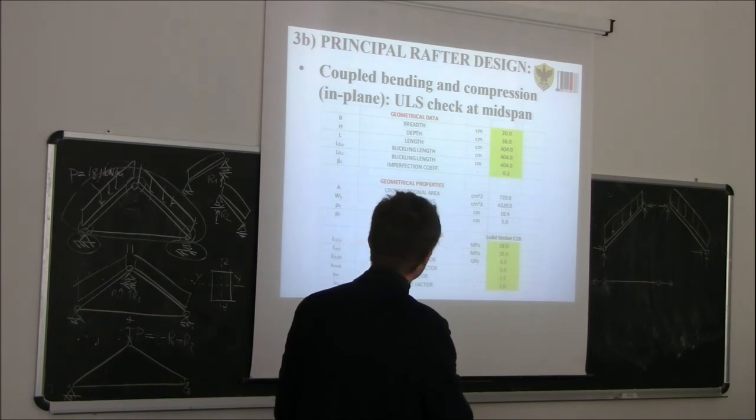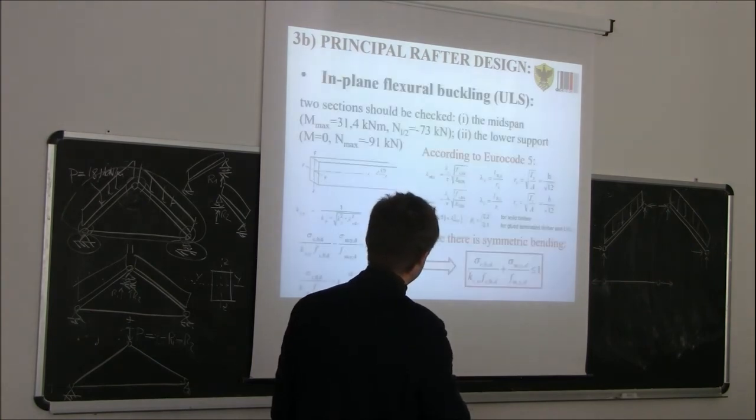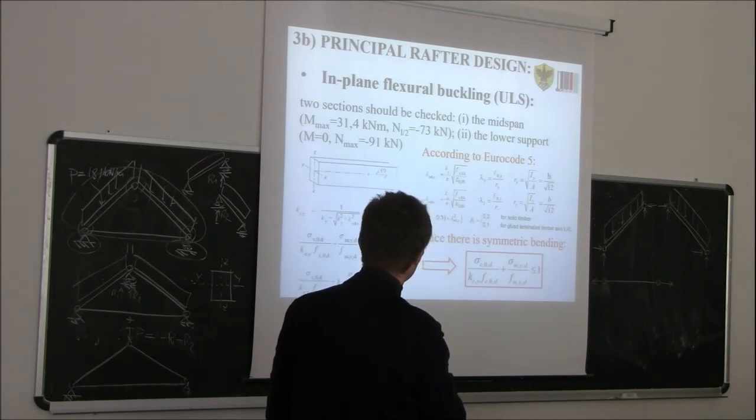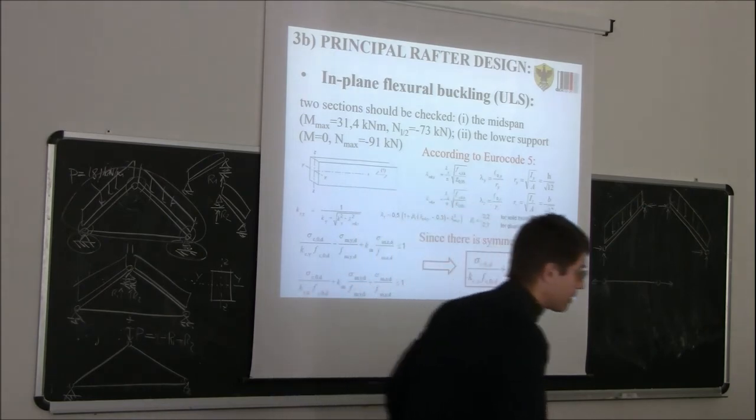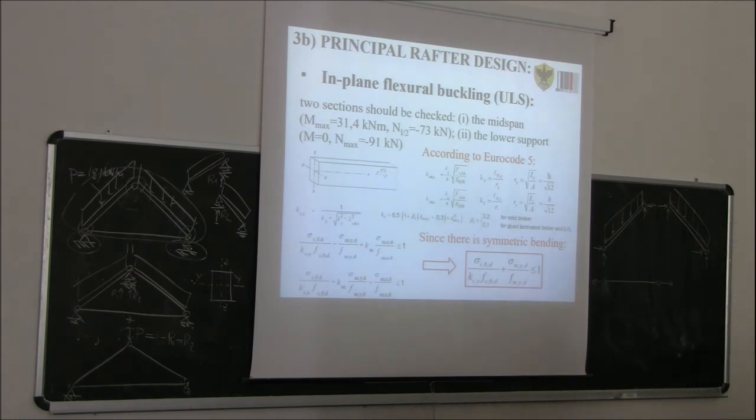This beta C is an imperfection coefficient which affects this Ky coefficient. It's equal to 0.2 for solid timber, 0.1 for glued laminated timber. So this coefficient takes into account the fact that the beams are not always straight. They always have an initial curvature, which is going to reduce, of course, the critical load. So for solid timber, 0.2.